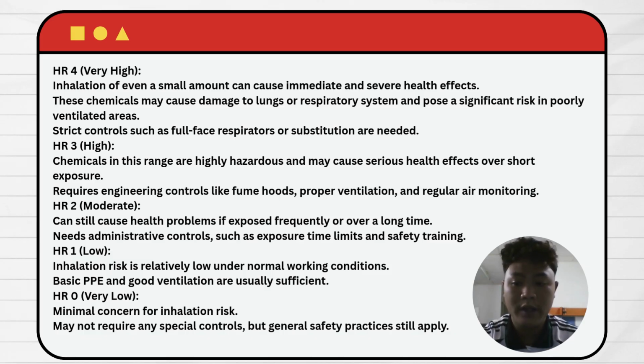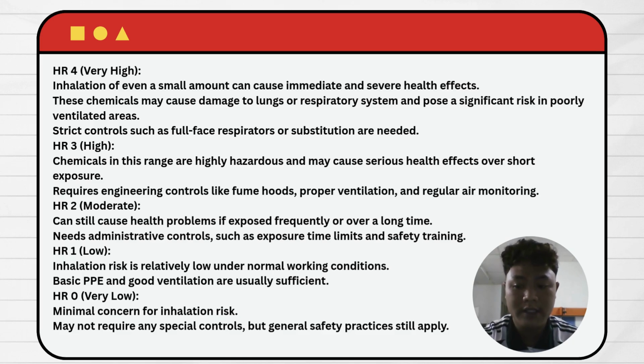According to Table 1 in the CHRA manual, the hazard rating, or HR, is based on how toxic a substance is when inhaled. This is usually measured by its LC50 value, which refers to the lethal concentration that kills 50% of test animals.